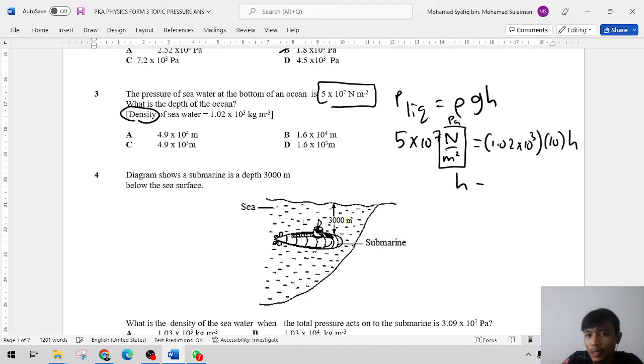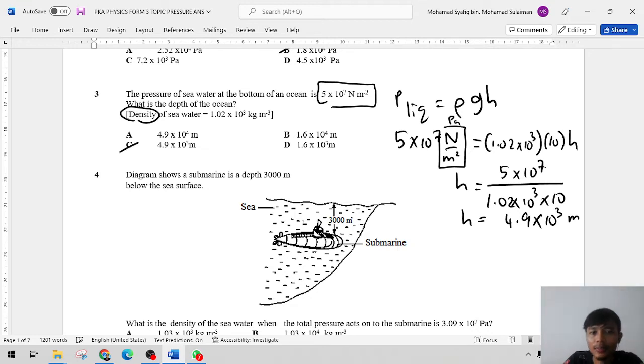So we rearrange, h is equal to 5 times 10 to the power of 7 divided by 1.02 times 10 to the power of 3 times 10. So this will give us depth is equal to 4.9 times 10 to the power of 3 meter.